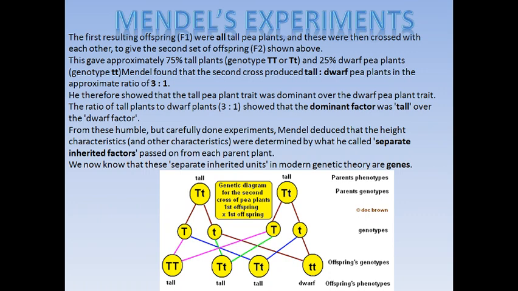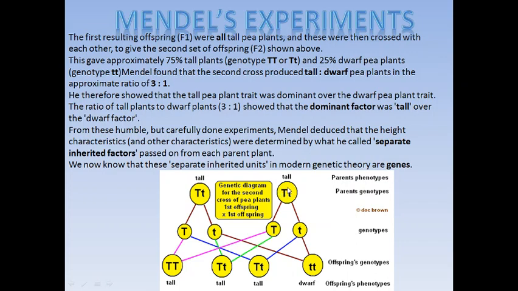Then, to make his study more elaborate, he self-fertilized the F1 progeny. The genotype of the F1 progeny was capital T small t, so they were fertilized among themselves.